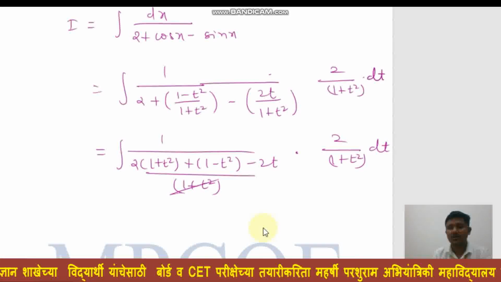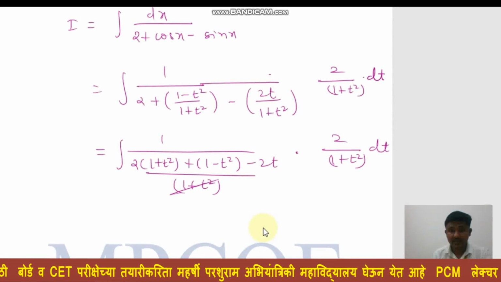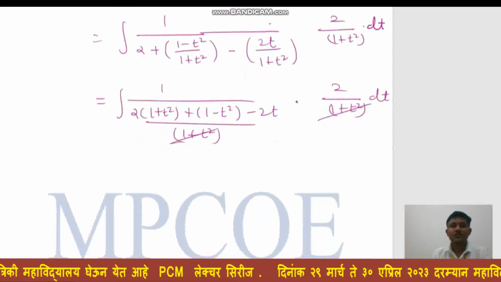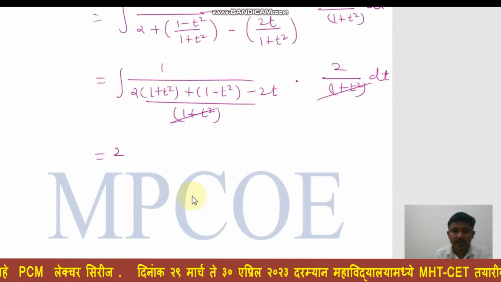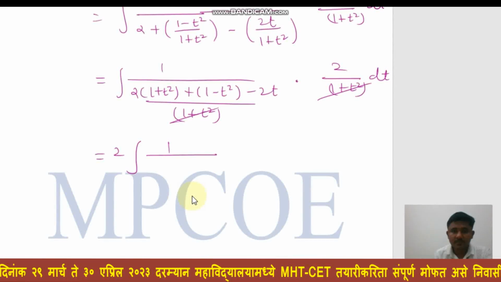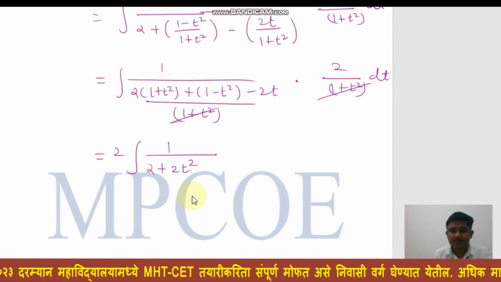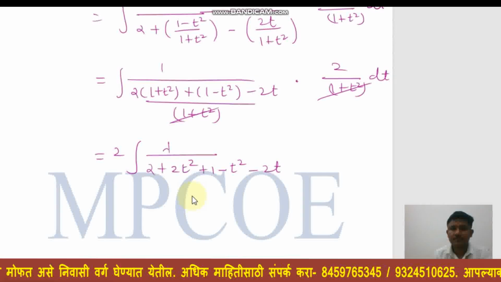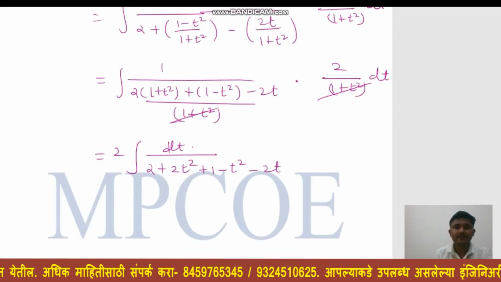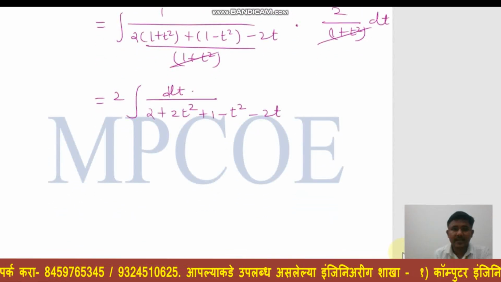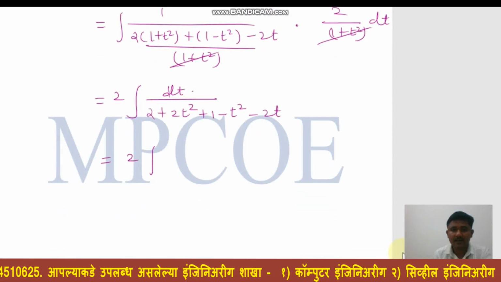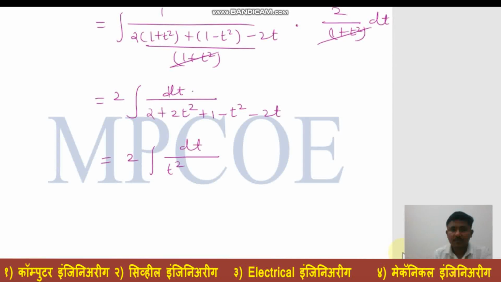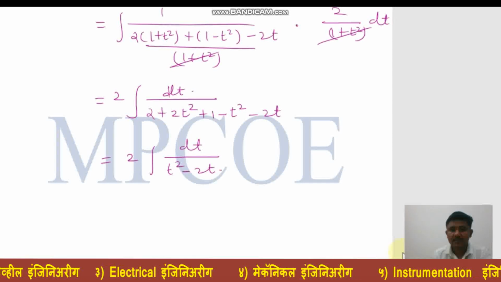Okay, so 1 upon 1 plus t square in the denominator of the denominator will be cancelled with this one. So ultimately we will get 2 times integral 1 upon 2 plus 2t square plus 1 minus t square minus 2t into dt. So we will move towards the next one, that is 2 times integral dt upon 2t square minus t square, that is t square, minus 2t, and this is 3.